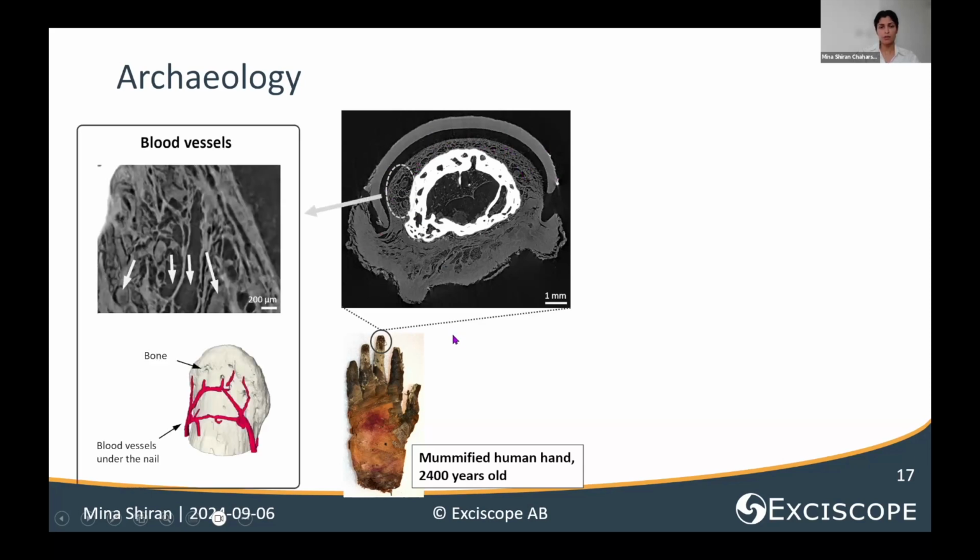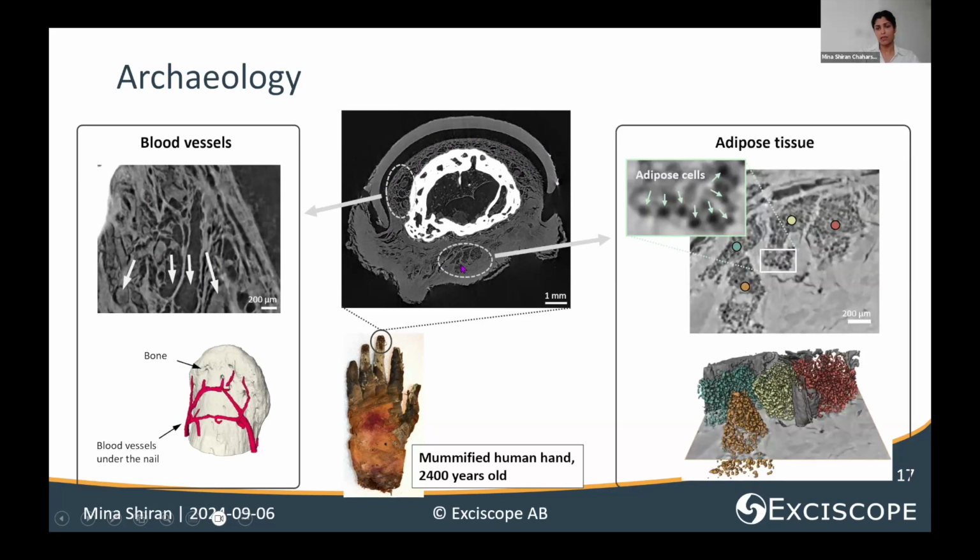If you look into more detail of the sample, you can even see the blood vessels, and with the 3D rendering, you can choose to see or simulate the veins on top of the bones, as well as the adipose tissues underneath the bone.